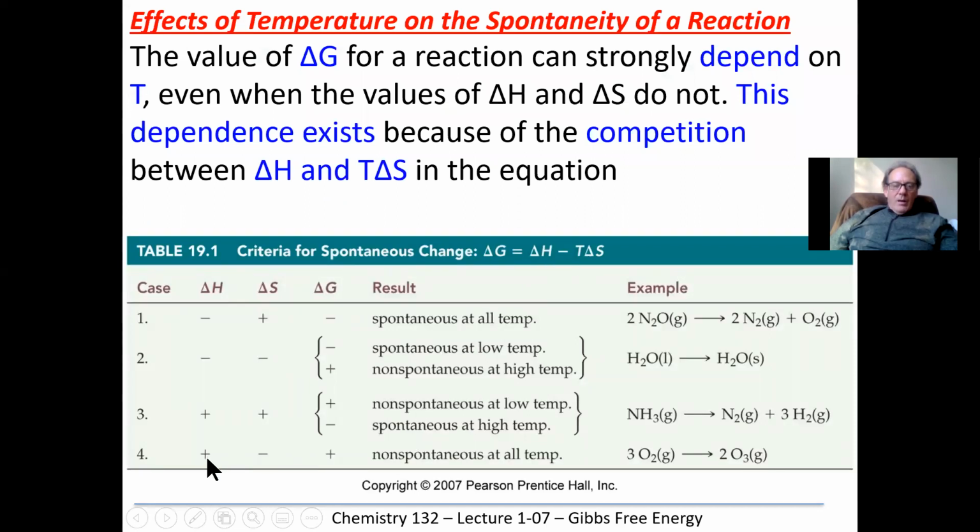We can see when delta H is positive and delta S is negative, a negative times a negative is a positive, and a positive added to a positive always gives a positive. So delta G will always be positive in those circumstances. The reaction will never be spontaneous when delta H is positive, endothermic, and delta S is negative, meaning the randomness of the system is decreasing. It's getting more organized.